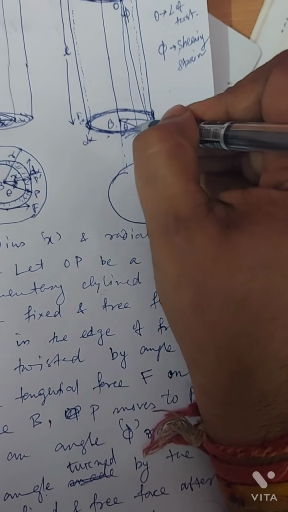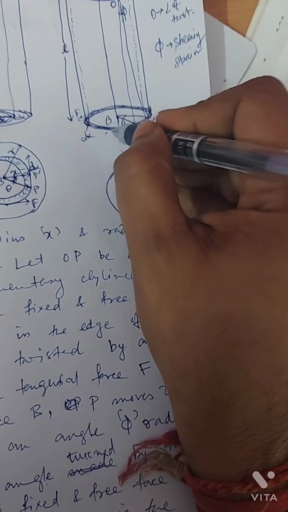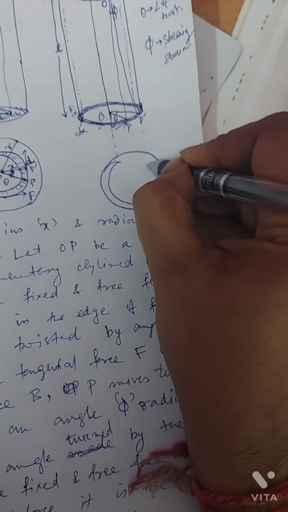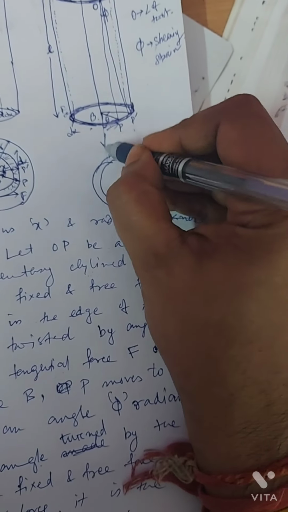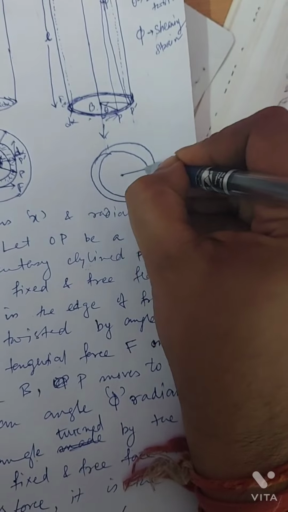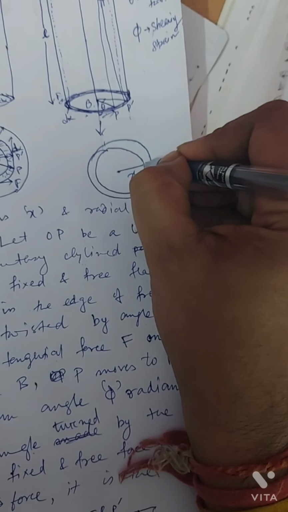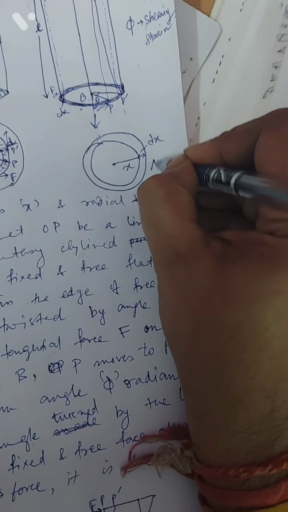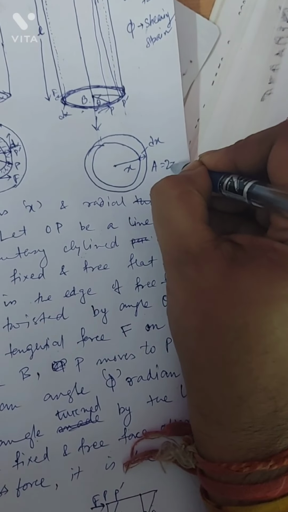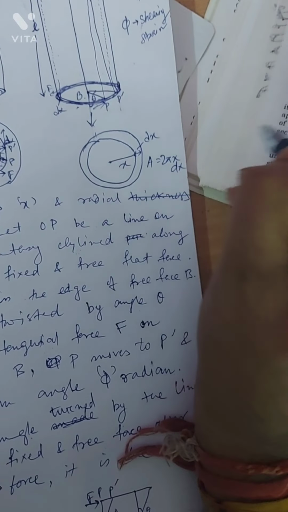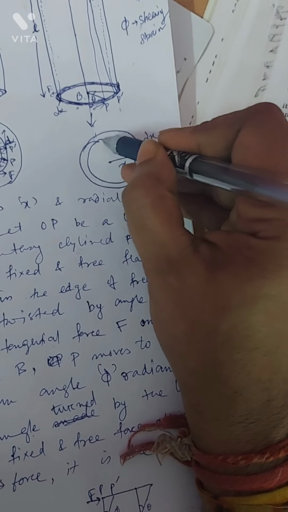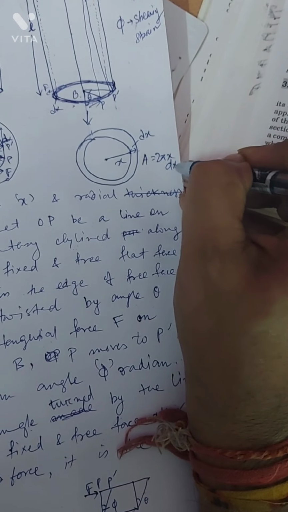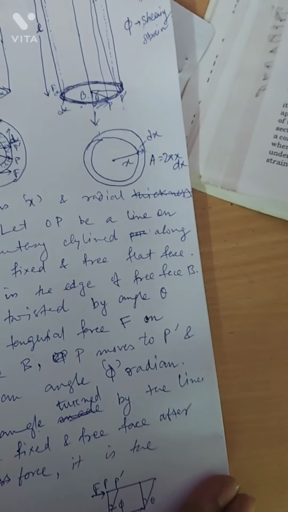Now this is a hollow cylinder, so this is the cross section of it, with x and dx. What is the area? The total area is 2 pi x dx. 2 pi x is the length of this circle and dx is the thickness, so 2 pi x into dx is the area, fine.